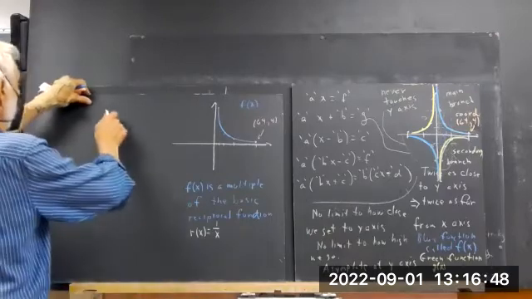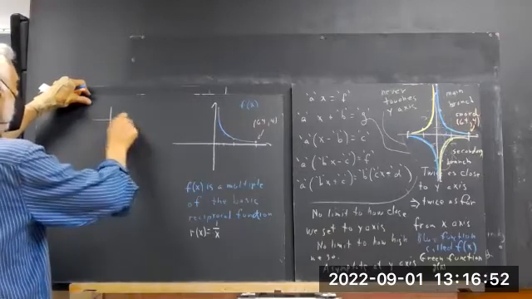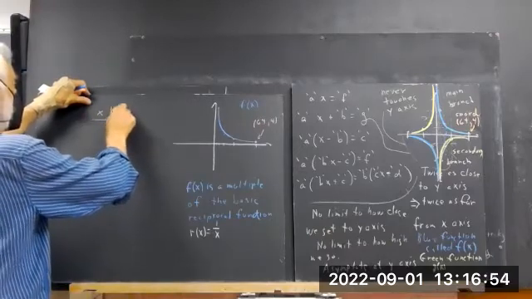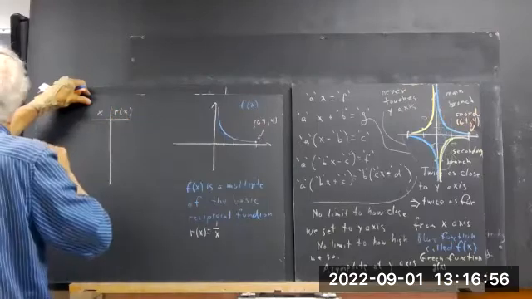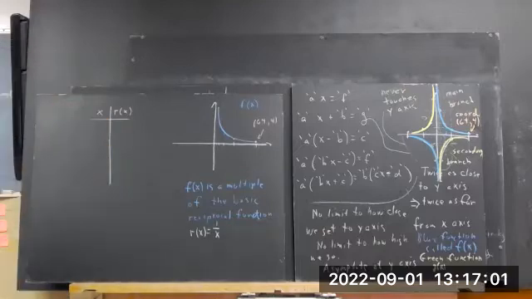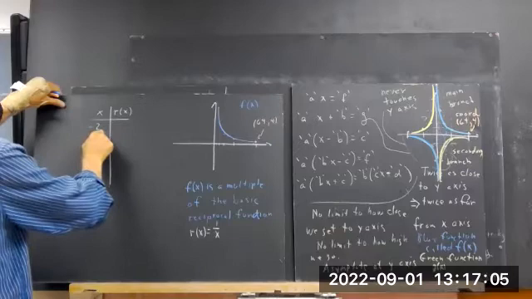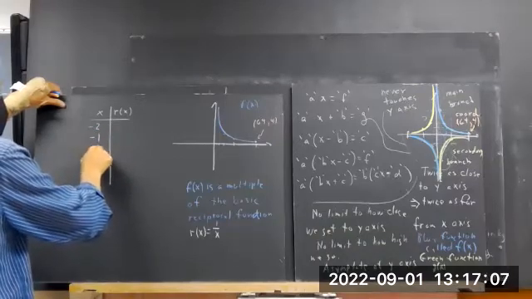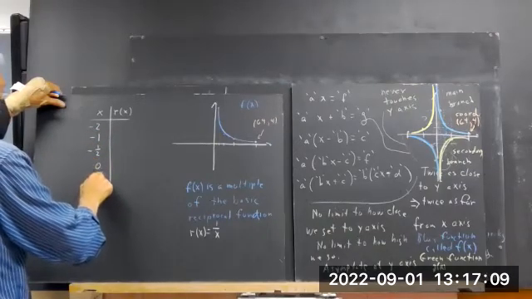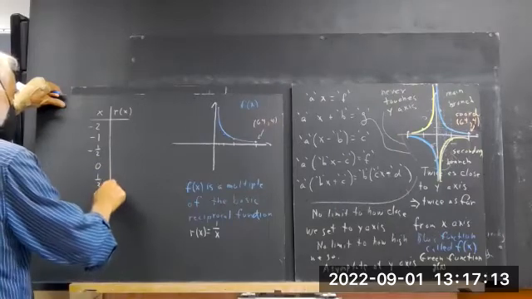Okay, so here we've got x and r of x. The x values are -2, -1, -1/2, 0, 1/2, 1, and 2.